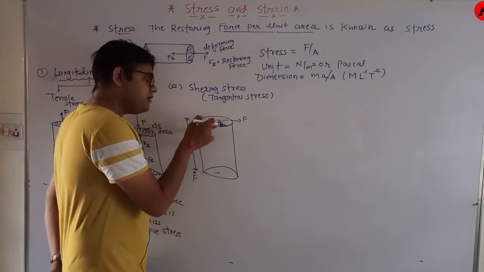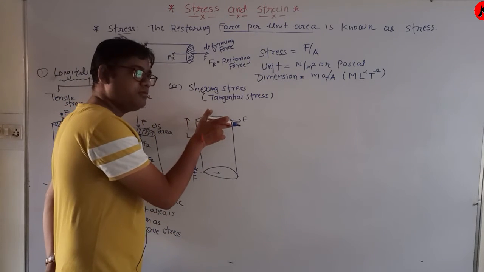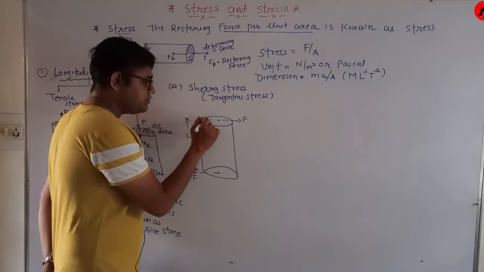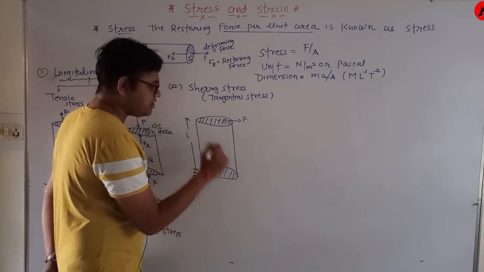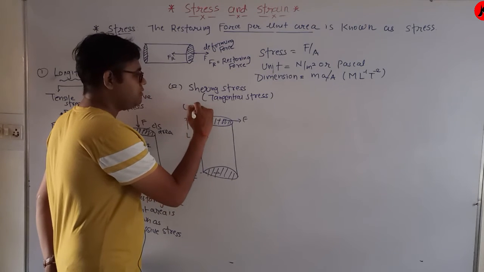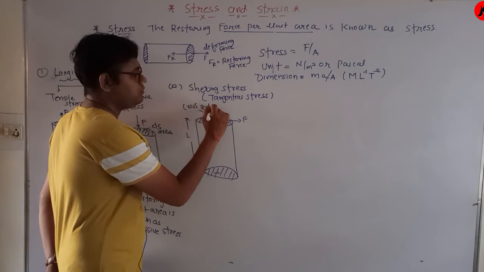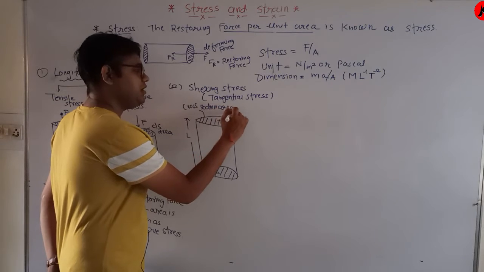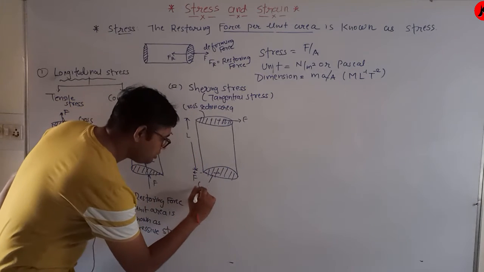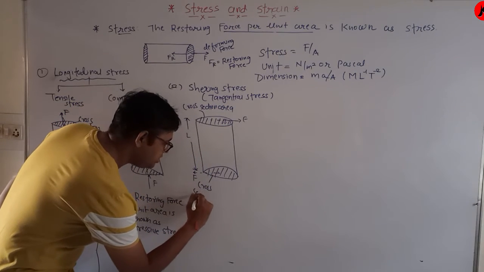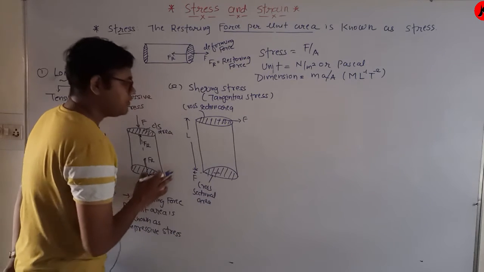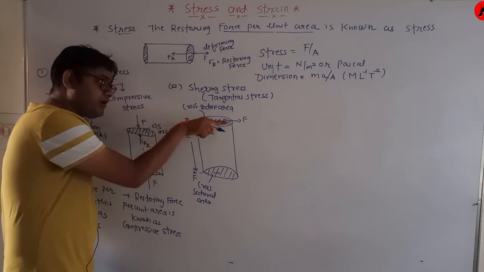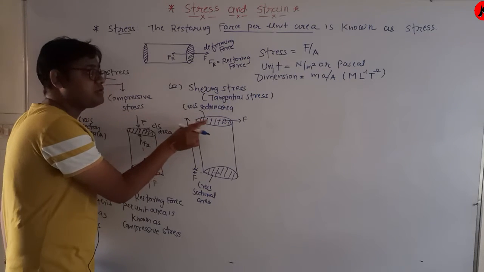Now what will happen when I apply this force F to this cylinder? This is the cross sectional area of the cylinder, and here also the cross sectional area. What will happen if I apply a tangential force to this cross sectional area?